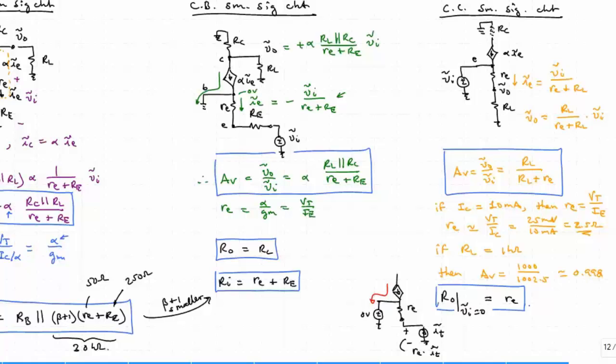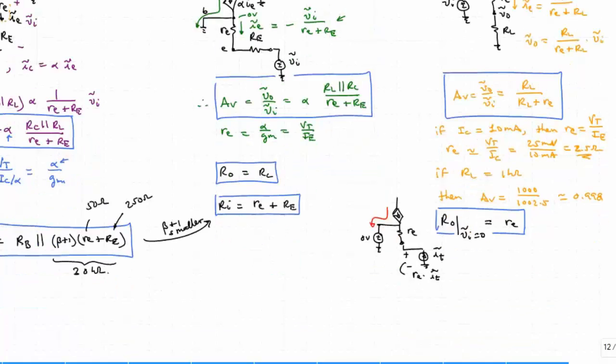Now this will be a little bit different when we have a source resistance. So for instance, what about when R sig is not equal to 0?